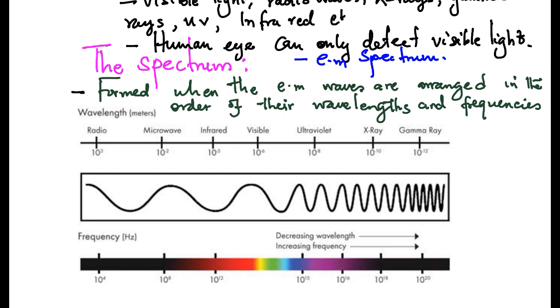In the figure, the wavelengths are arranged in their order of increasing value, so that radio wave with the highest wavelength of 10 raised to power 5 is the first.